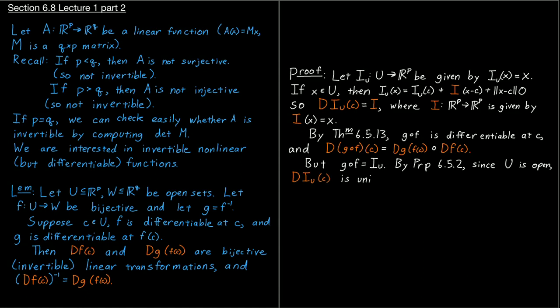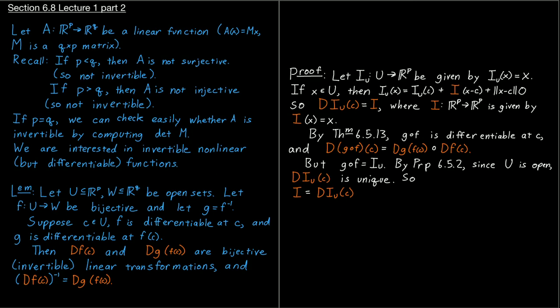There is at most one linear function that can be the derivative of I sub U, that can be the derivative of G composed with F. So the identity operator is the derivative of the identity operator at C. Yes, the derivative of the identity operator is the identity operator itself.